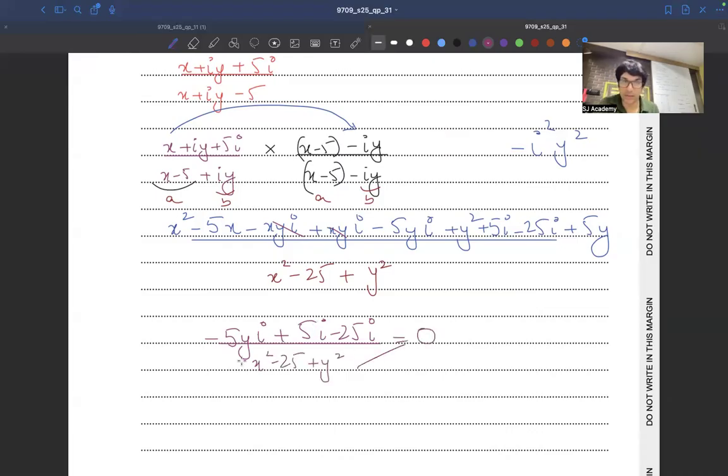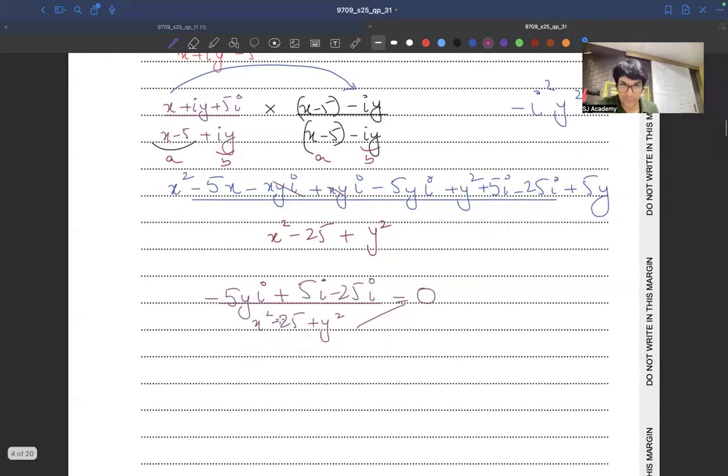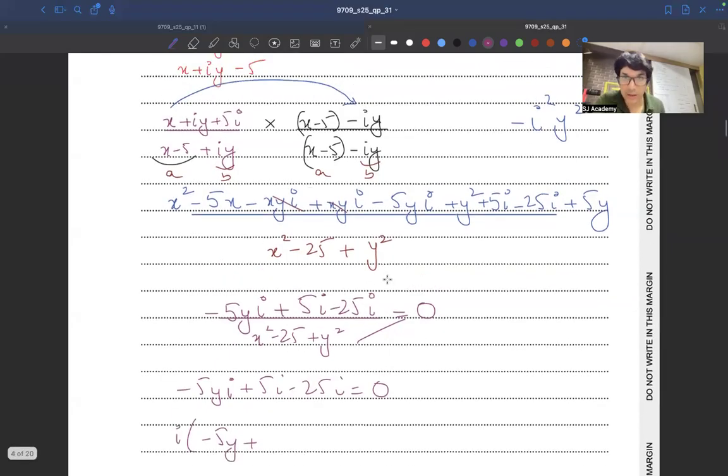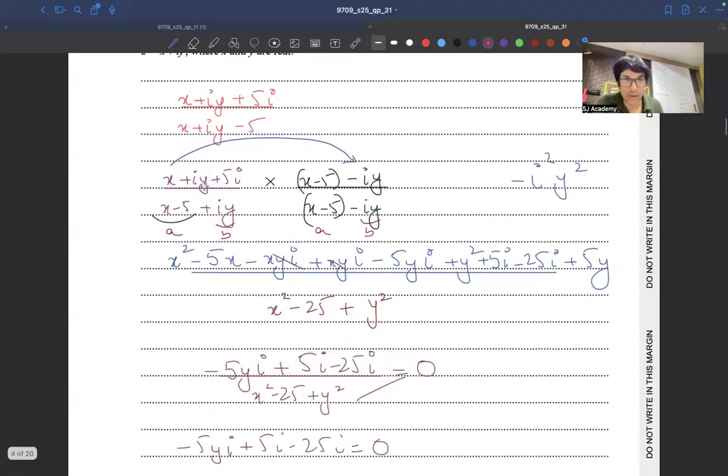And as we know that the imaginary value is 0, we'll put it equal to 0. Cross multiplying, this becomes a 0, so we'll get −5iy plus 5i minus 25i equals 0. Now the coefficient of i is −5y plus 5x.